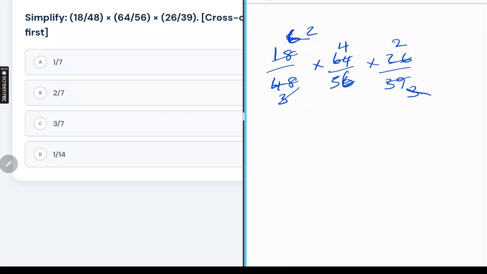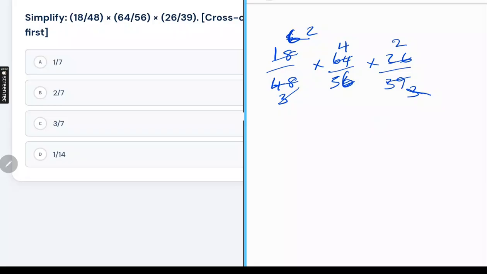But for the sake of clarity, let's use the 4 that we are seeing here. 56 divided by 4 is what? That's 14.